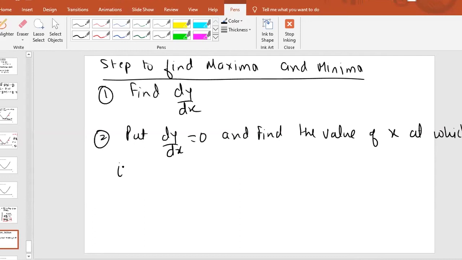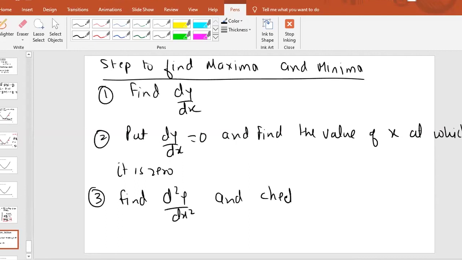First you have to differentiate y with respect to x and find the value of x at which it is 0. Then find d square y by dx square, and check the condition: if d square y by dx square is less than 0, then it is maxima, and if d square y by dx square is greater than 0, then it is minima.